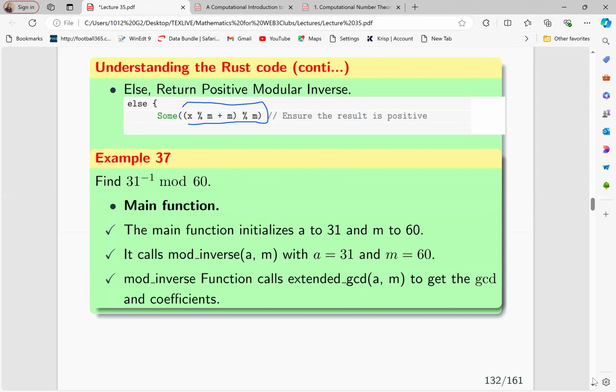Now we have the main function. We input A and B and M. Then this main function calls the mod inverse to find the inverse of A mod M, where A is 31 and M is 60.